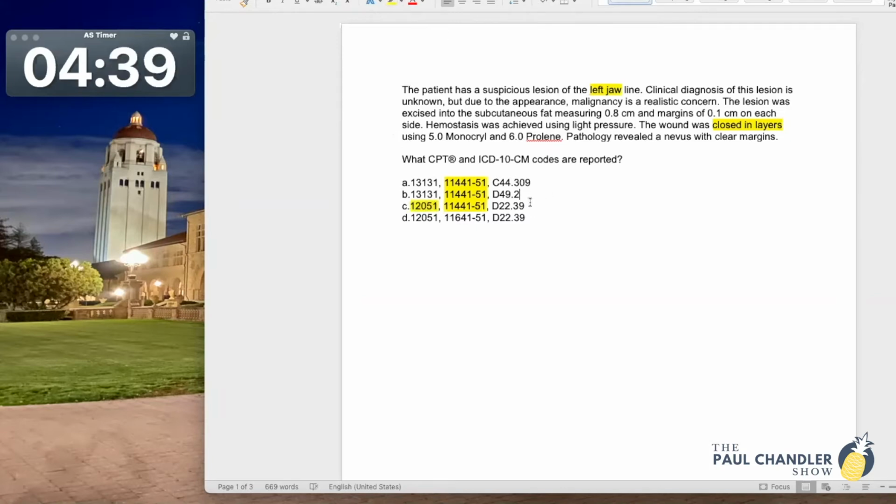And in this case, I'm going to make sure 11441 works also. Excision, 0.6 to 1, excision benign. The diagnosis is unknown, so that's why we would go with benign, because we do not know if it is malignant. So that would make Charlie the right answer there.